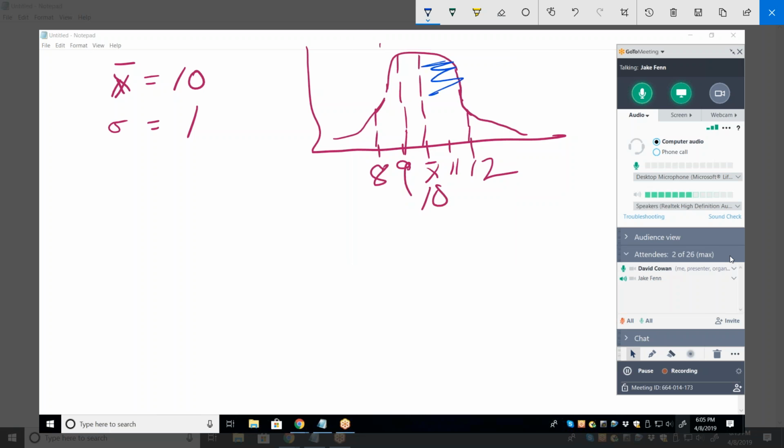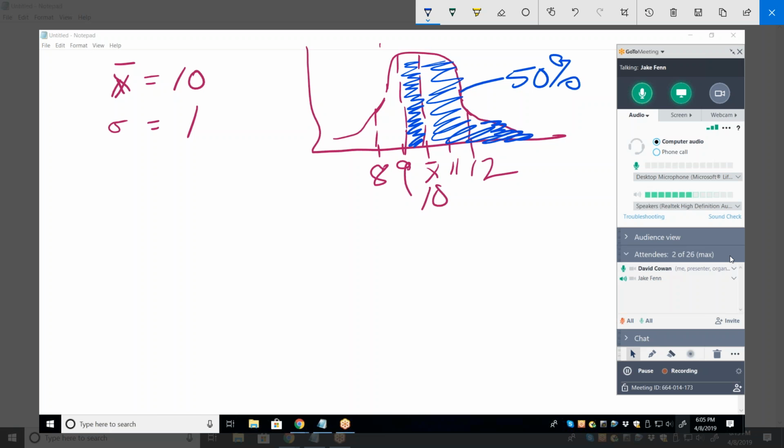What is that amount of the curve? 50%. What is this amount that is 1 sigma less than the mean? What percentage of the curve is that?